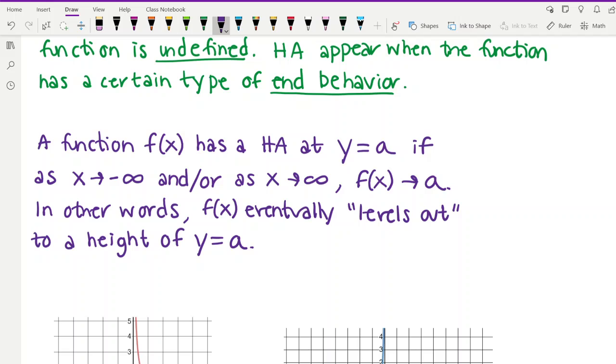Because we're saying instead of the end behavior being like f of x is going up to infinity or down to negative infinity, we're saying the end behavior is that the function is just approaching a particular y value.